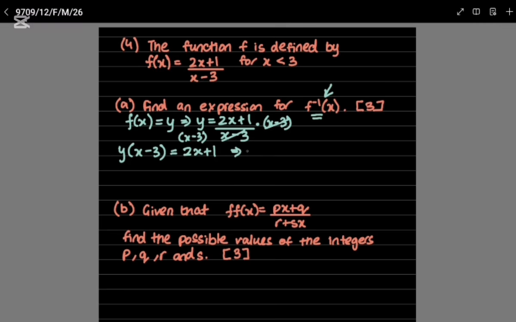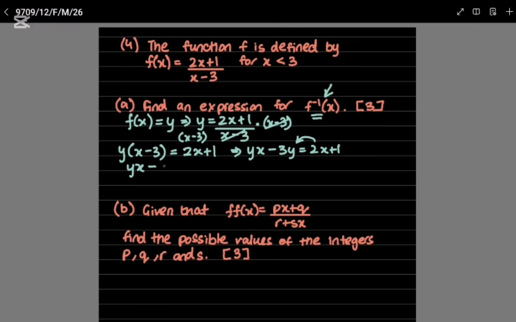Now you can expand this. Yx minus 3y is equal to 2x plus 1. Now we have to make x the subject. So you move the x terms to one side. So yx, move this over there.